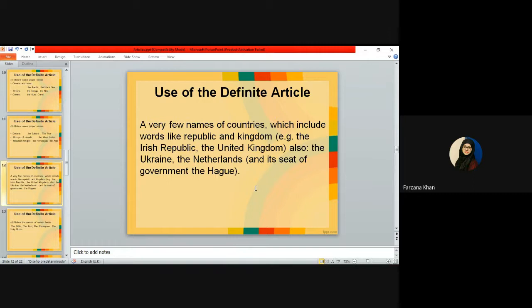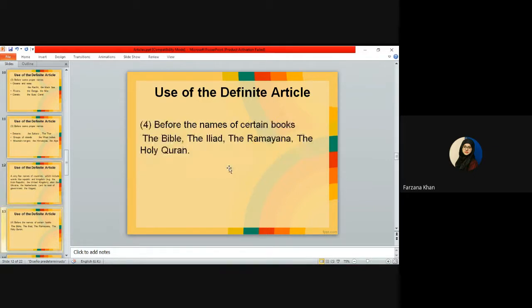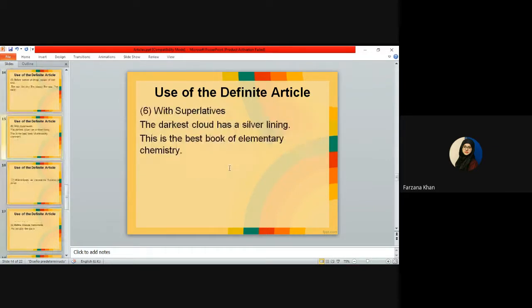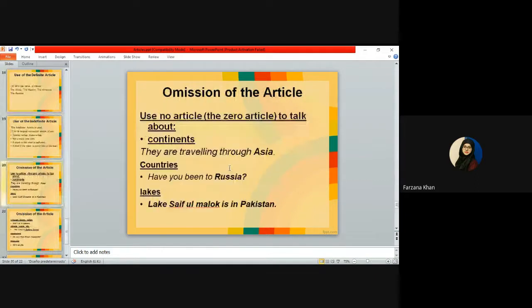And there are two specific country names in the whole world, which are Ukraine and Netherlands. These two names always require the use of definite article. While discussing the omission of the articles, it is a rule in English to avoid the use of article with the name of a country.